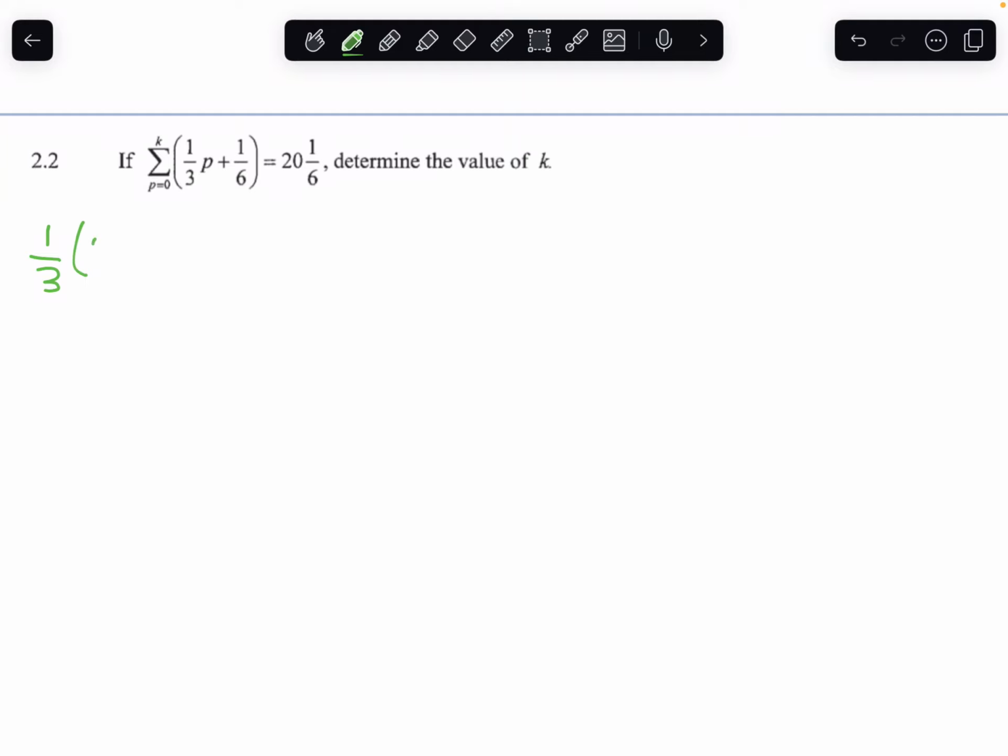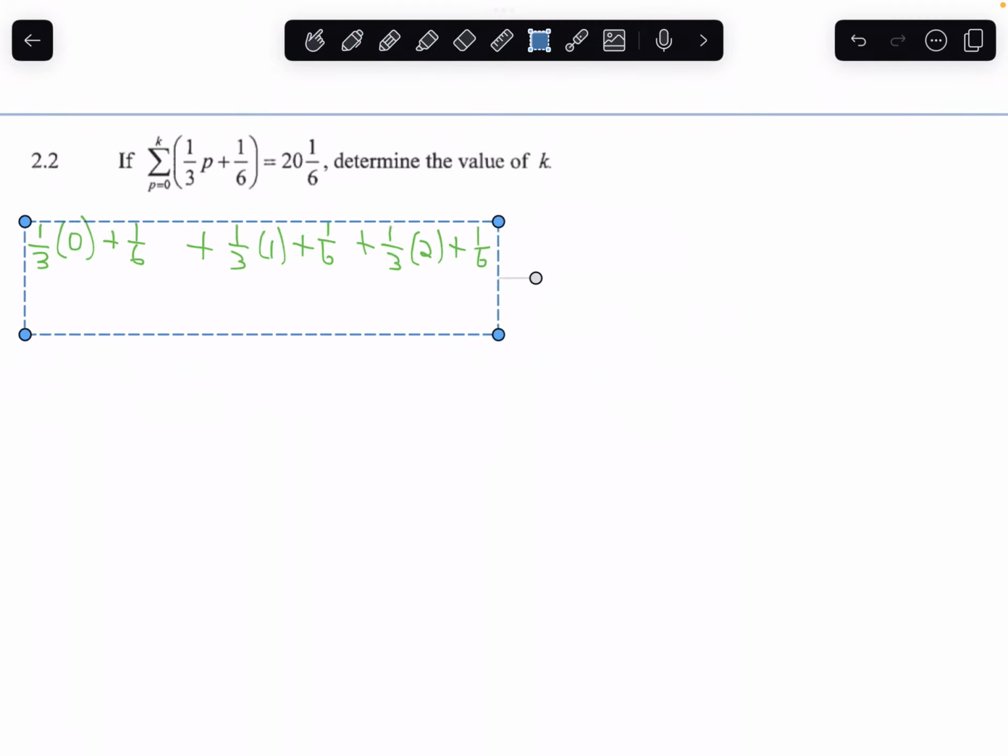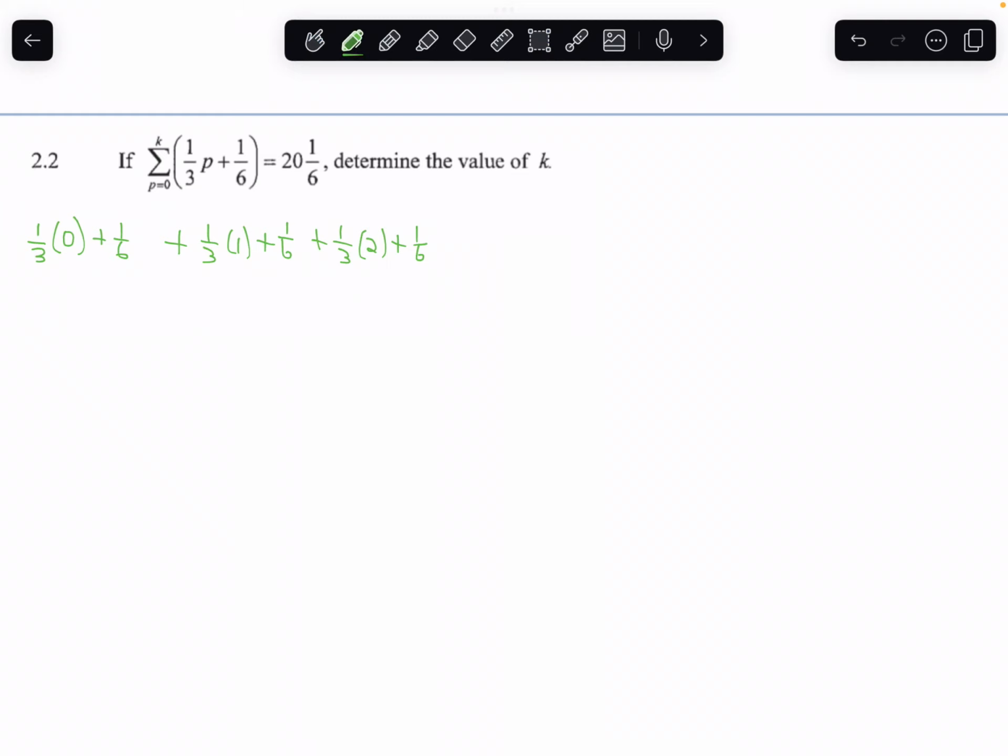So that'll be a third times 0 plus a sixth, plus a third times 1 plus a sixth, plus a third times 2 plus a sixth, and so it goes until we have a third times k plus a sixth. And we are being told that that is equal to 20 and a sixth.